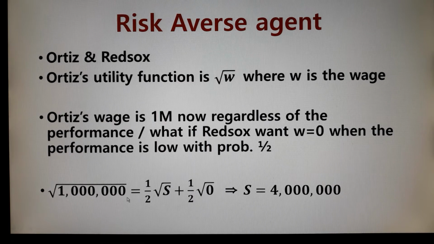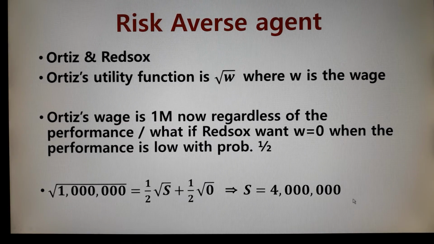So root 1 million, which is 1,000, should be the same as half of root S. Root S should be 2,000. That's why S should be 4 million.